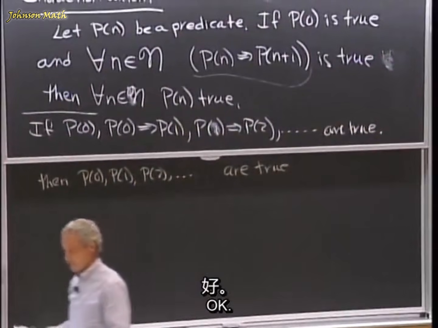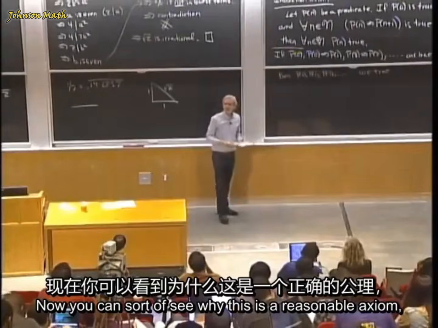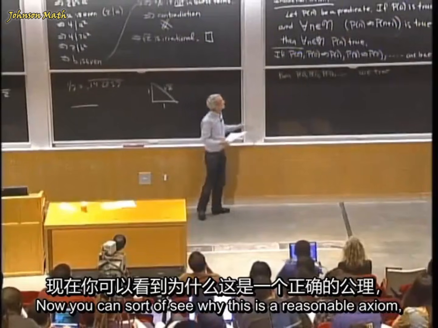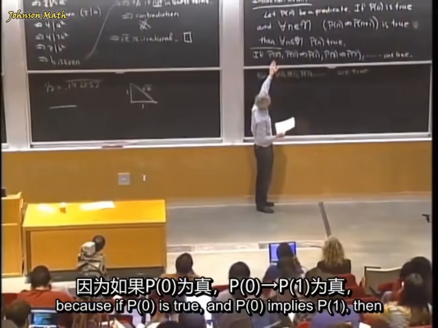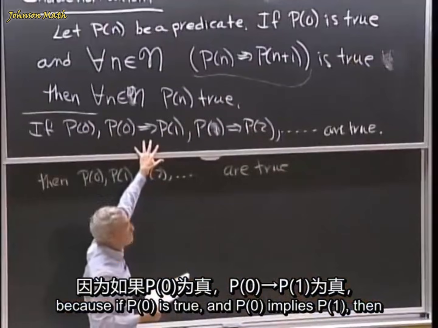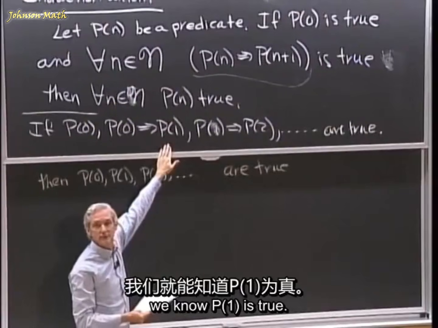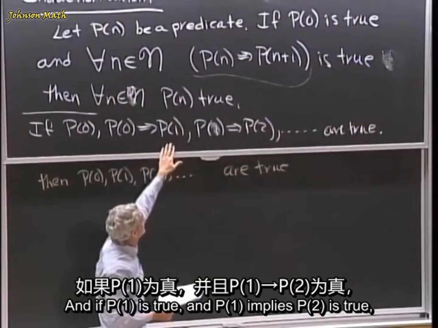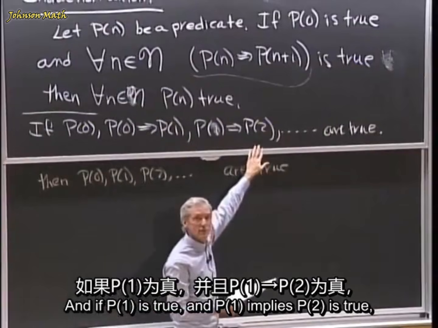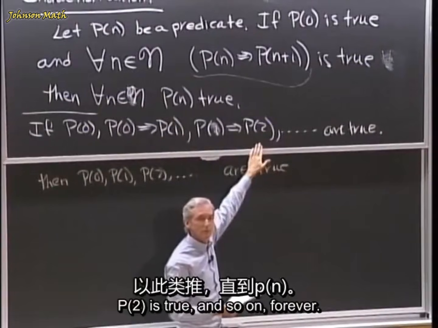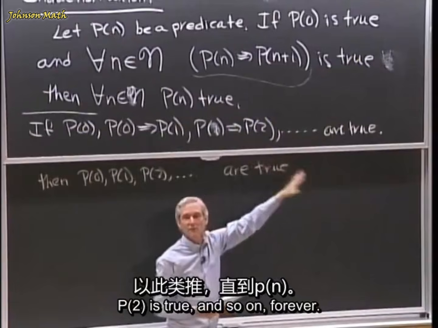Okay? Now, you can sort of see why this is a reasonable axiom. Because if P0 is true, and P0 implies P1, then by that modus ponens thing, or one of the logical deductions, we know P1 is true. And if P1 is true, and P1 implies P2 is true, then we know by the same reasoning P2 is true. And so on forever.